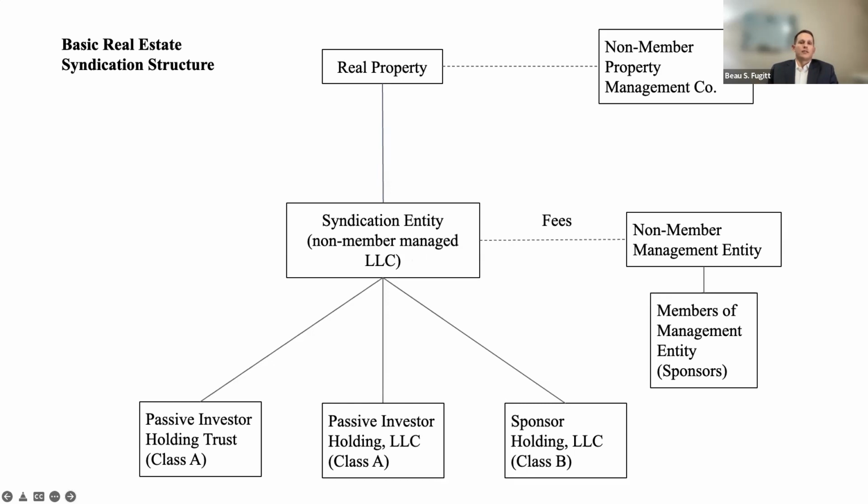It's still the same theory that you're separated. Your limited liability is still in place. However, it's just one less layer of protection, if you will. But if an investor came to me and I saw that the non-member manager of the syndication entity was also the property manager, I would not tell them that they shouldn't invest or that they should be worried.